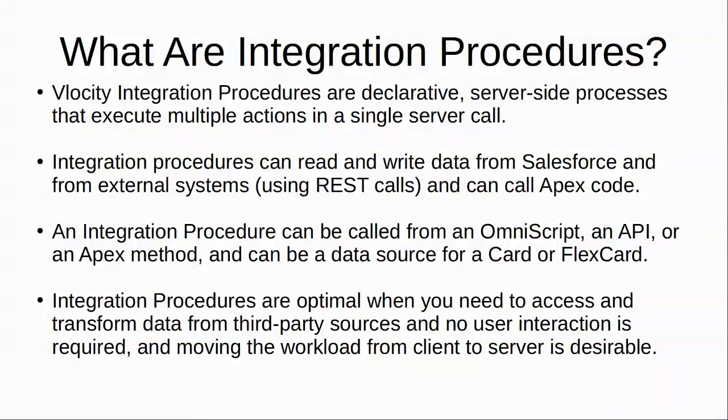We have a particular skeleton for the Apex method with the help of which we can call the Integration Procedure. As a best practice, Vlocity always suggests that we should use Integration Procedure because it is optimal whenever we want to process some kind of information. Since it does all the operations in one single transaction, it is always preferred and advised by Vlocity that we use Integration Procedure whenever possible.